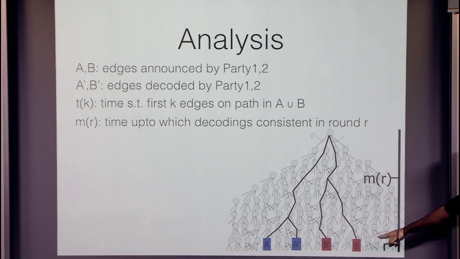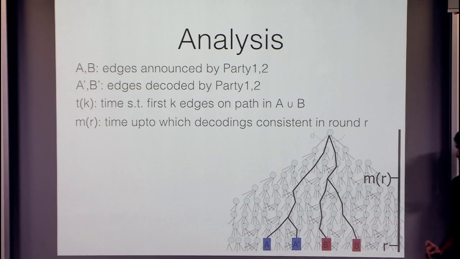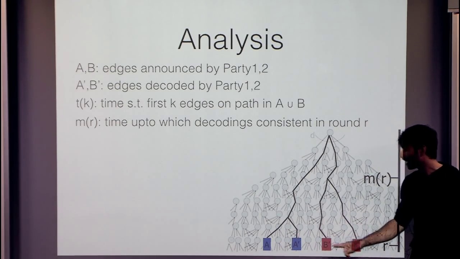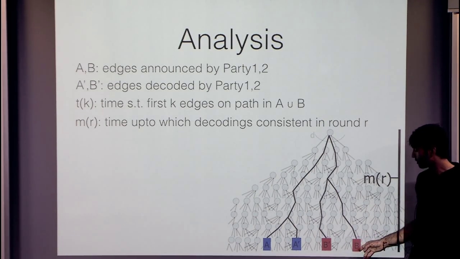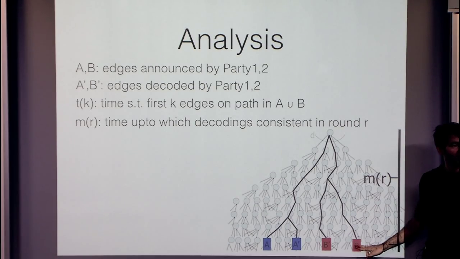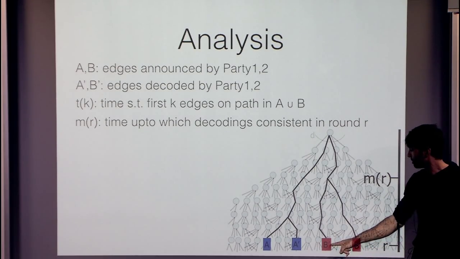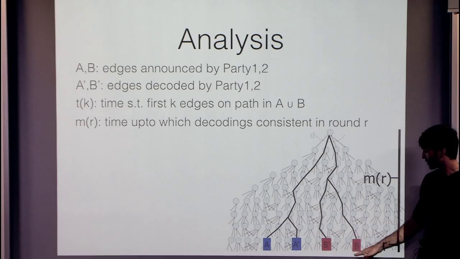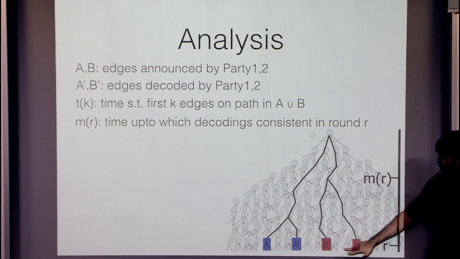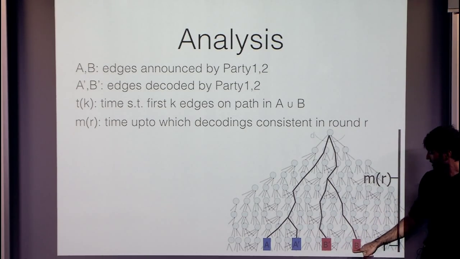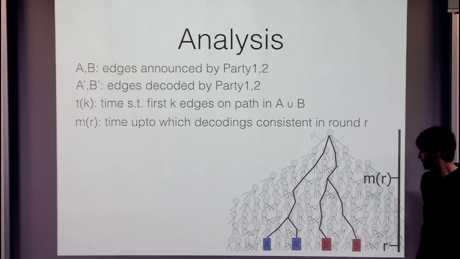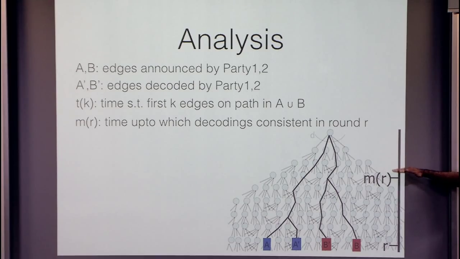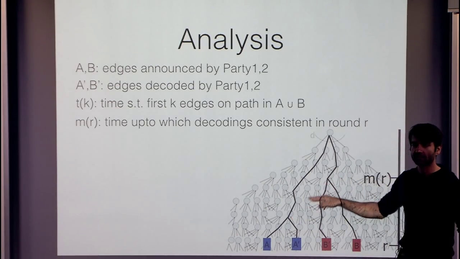A and B are the sets of edges that have been announced so far, and A prime and B prime are the decodings of the parties that correspond to these sets. In general, A prime and B prime will not be equal to A and B, but they will be equal up to some point. B prime and B are 2 vertices in the tree code, and there's some least common ancestor that B prime and B have. So MR is the maximum of the 2 least common ancestors.